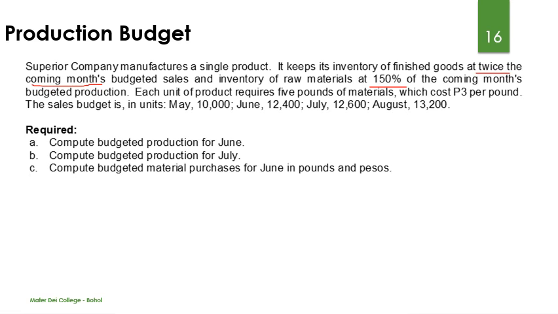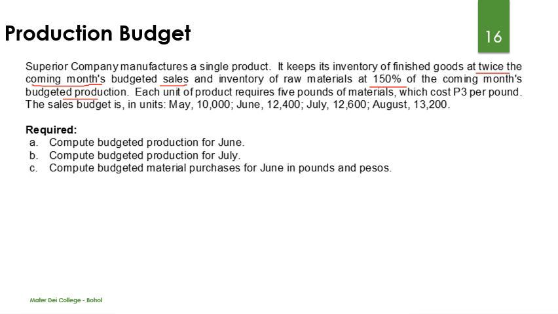Okay, so let's look again at the given. The finished goods inventory end should be twice next month's budgeted sales. Take note, this is sales. While the ending inventory of the raw materials will be 150% of the next month's budgeted production.